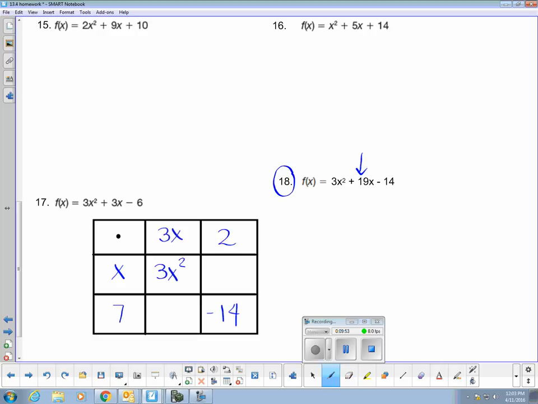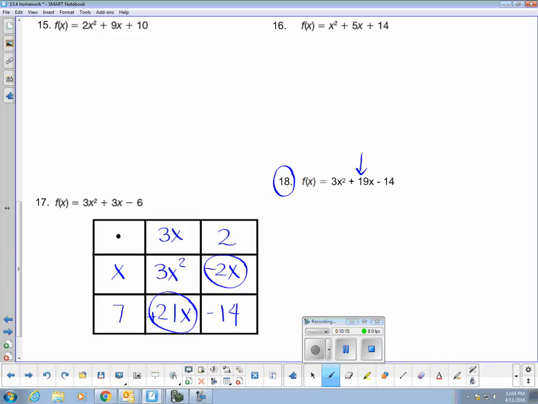And for now, I'm going to ignore the negative sign and just see what values I can get by multiplying 2 times x. I get 2x. And 3x times 7 is 21x.